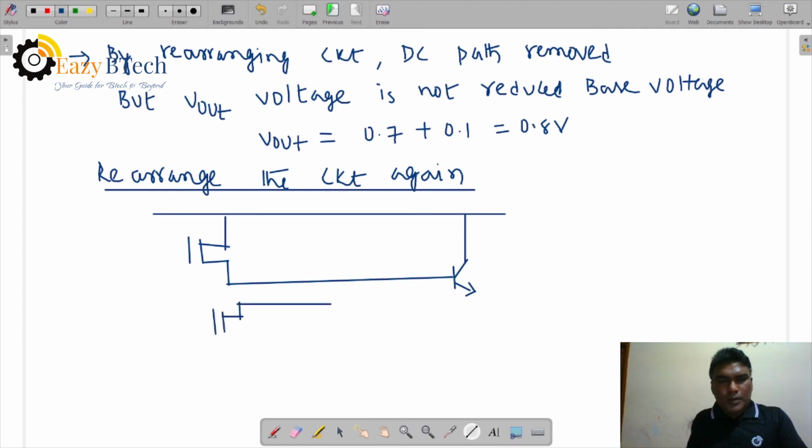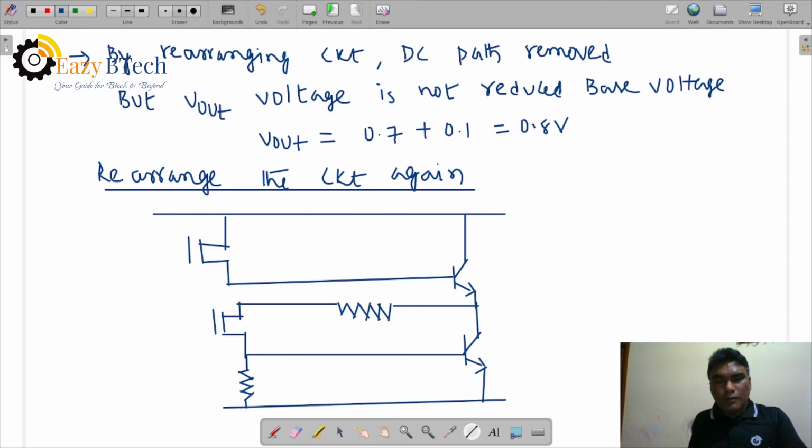Now there is a change in this circuit. We have taken a resistance over here and placed it in between this and the bipolar transistors T1 and T2. And here one more resistance path is placed.